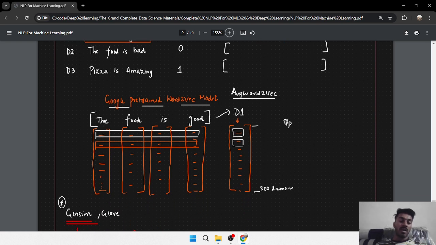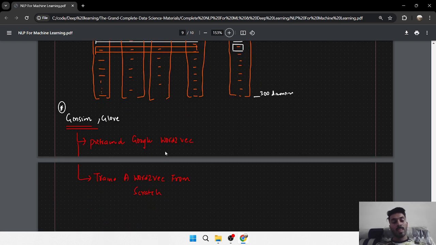If you have a word like "the", it is represented in 300 dimensions with some values, and "food" is also represented in 300 dimensions. We take the values at the same index, add them all, and divide by the number of words in the sentence, and we get an average.